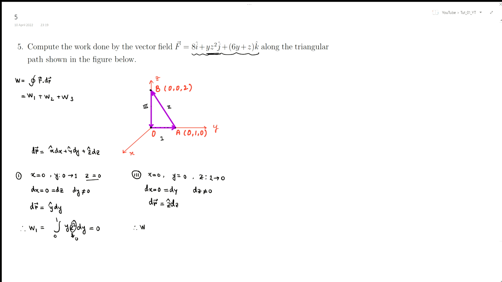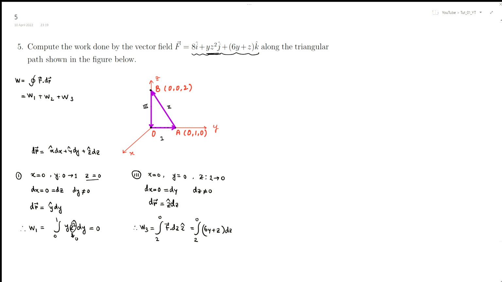Therefore, work done along path 3 will become F dot dz z cap. The z limit will go from 2 to 0. We should not reverse it, because if we reverse it, the answer will become opposite, which is not correct. F dot dz z cap will be the integral of 6y plus z dz.